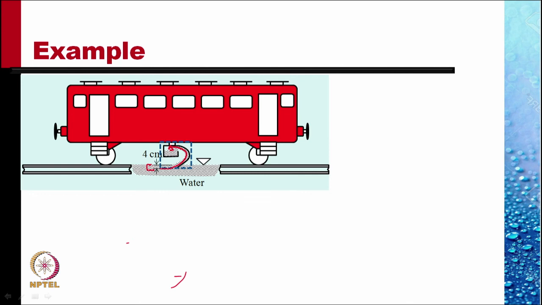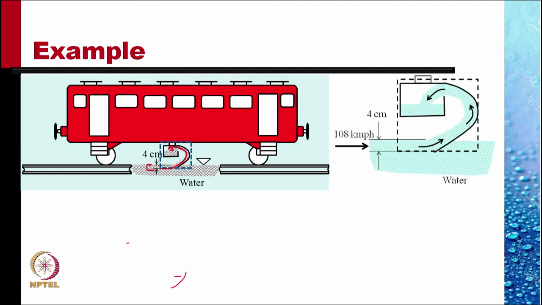The density of water times the velocity of the train times this area, 4 centimeter into 1 meter per meter depth. There is no efflux from this control surface. So rate of accumulation must be just this, the density of water times the velocity times the area of scooping.